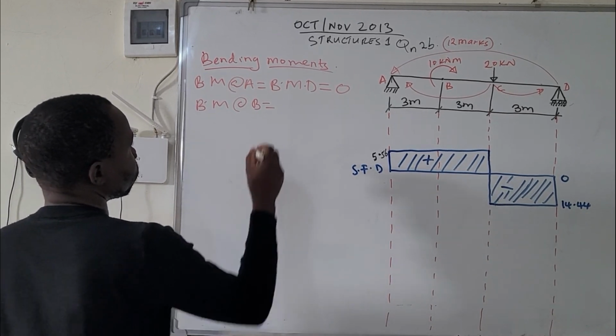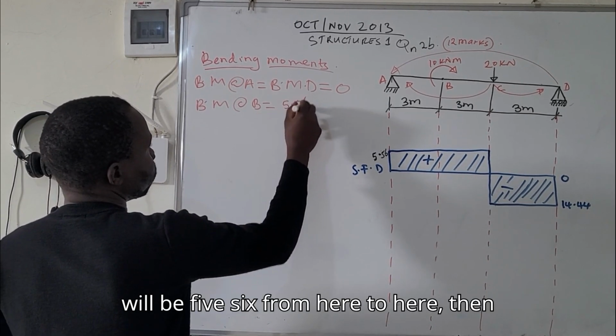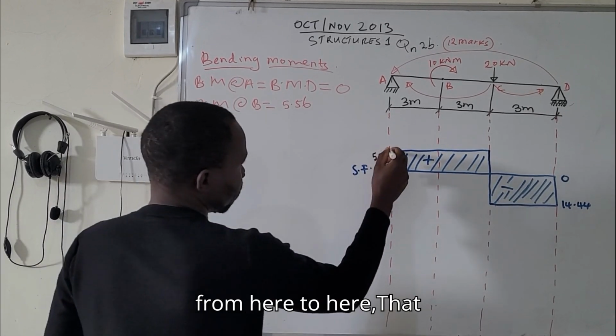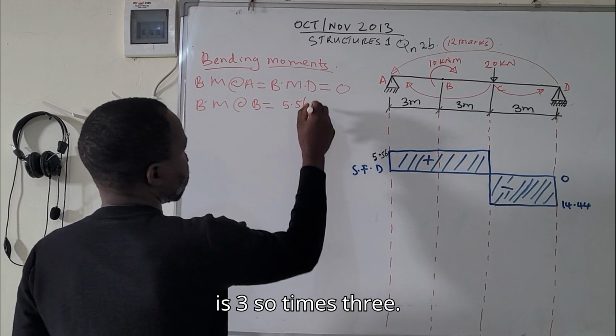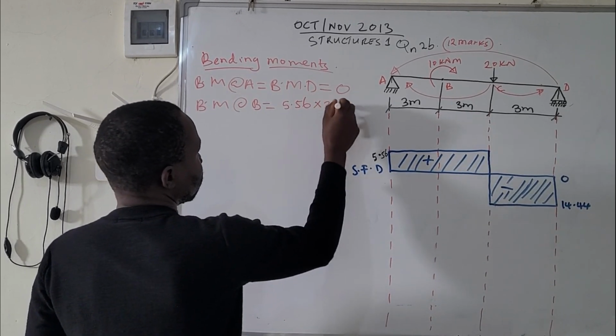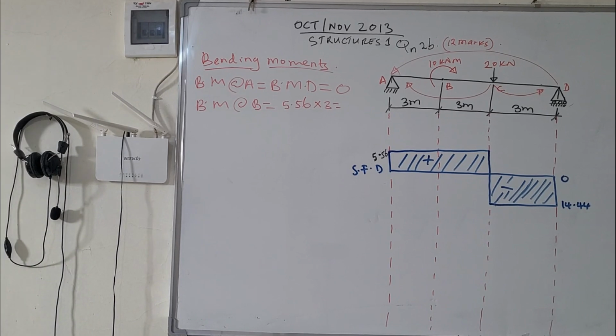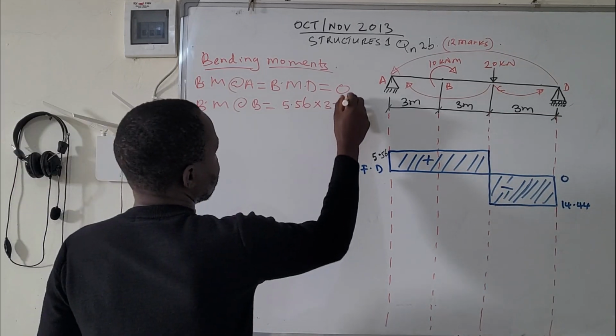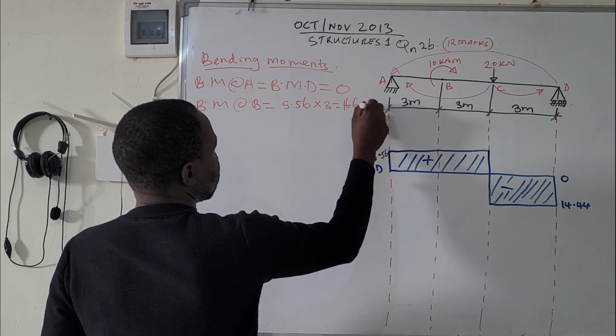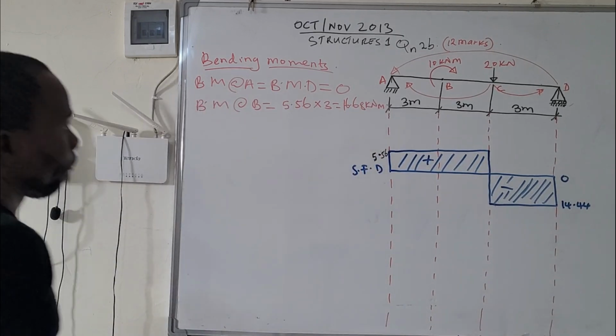So 5.56 from here to here, and from here to here that is 3. So 5.56 times 3 is 16.68 kilonewton meter.